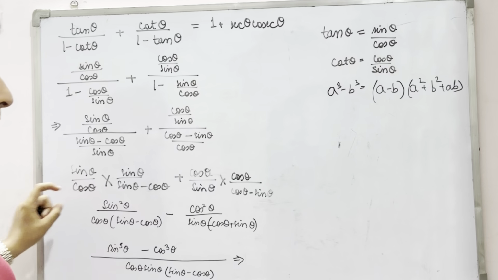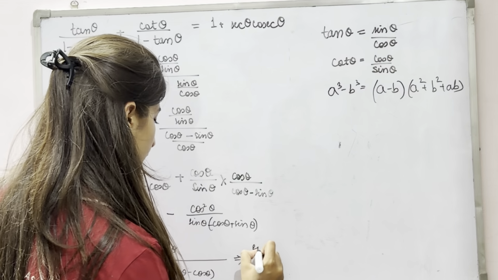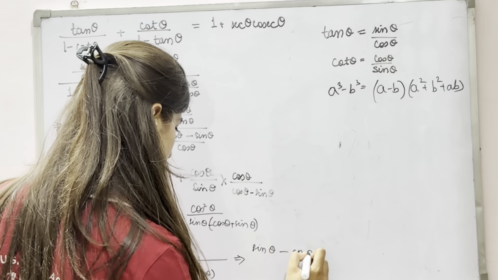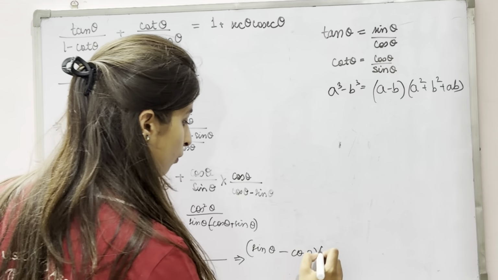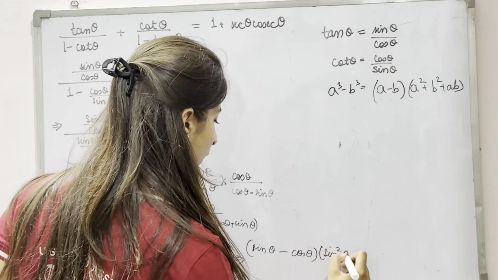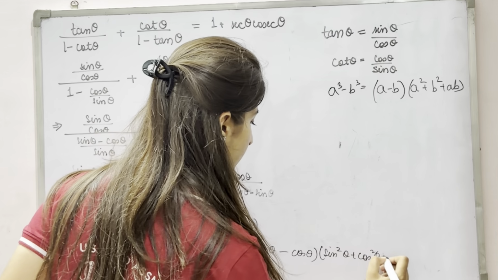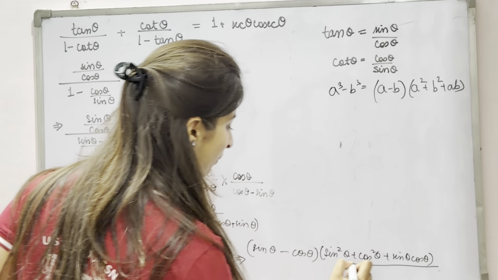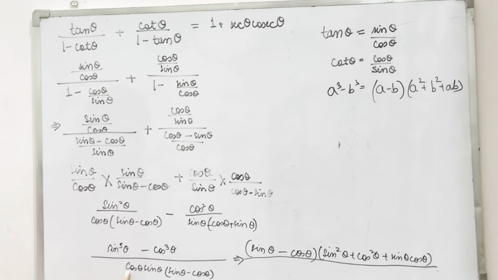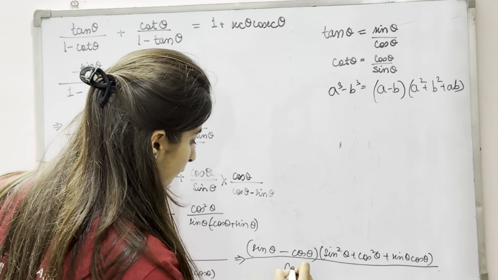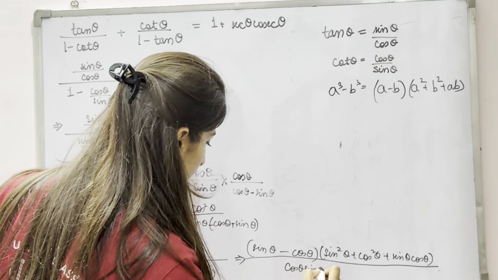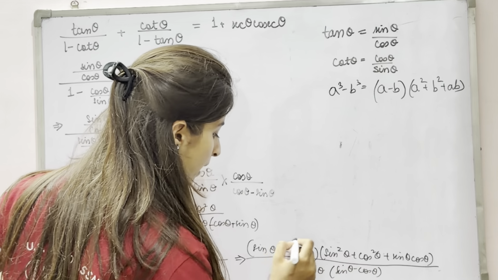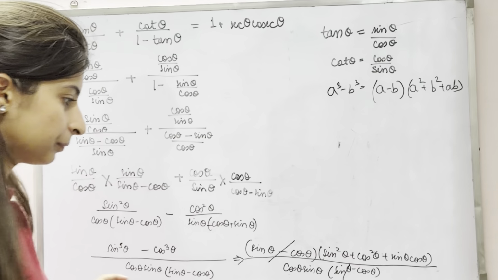A cube minus b cube, I am going to write it like this: sin theta minus cos theta into sin square theta plus cos square theta plus sin theta cos theta. And in the denominator I have cos theta sin theta times sin theta minus cos theta. This bracket and this bracket get cancelled.